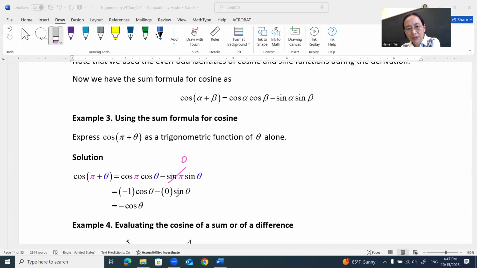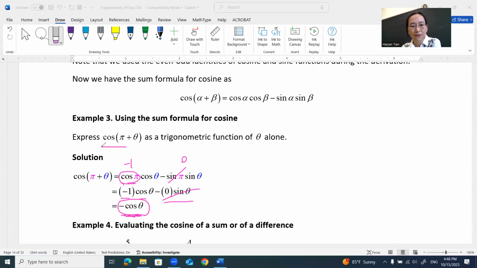We know this is 0. 0 times anything will be 0, right? This will be gone. Cosine pi is -1. It's very special, has a value of -1. -1 times cosine theta is negative cosine theta.